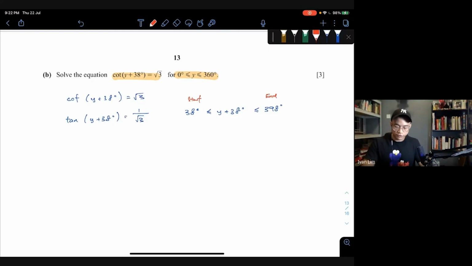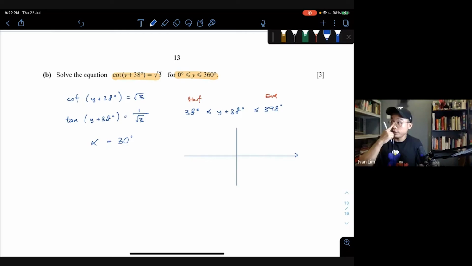Let's find our base angle first. Alpha equals shift tangent 1 over root 3, and you will get 30 degrees. Let's draw out our ASTC.